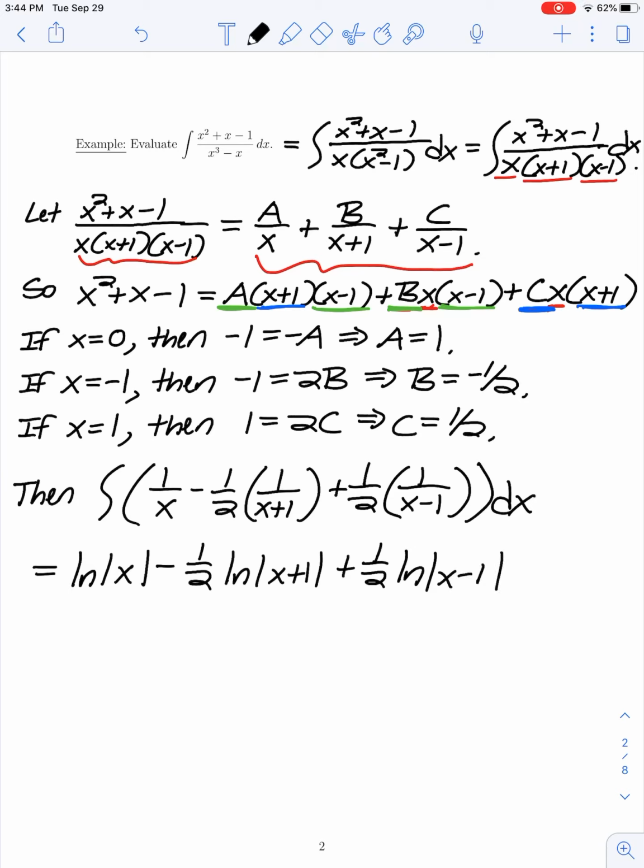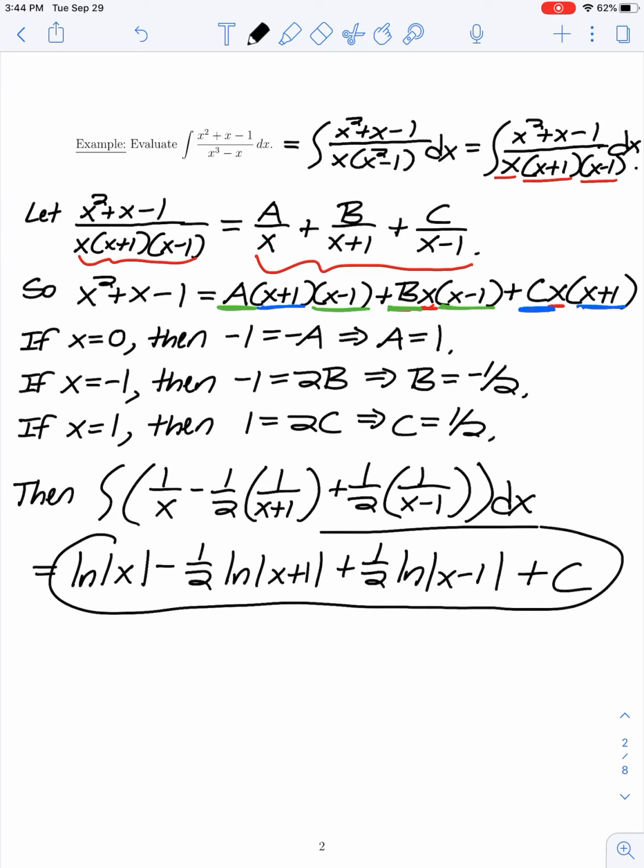And at this stage, since we had an indefinite integral, I can include my constant of integration, plus C. All right. So these first two examples illustrate the case of distinct linear factors for our denominator.